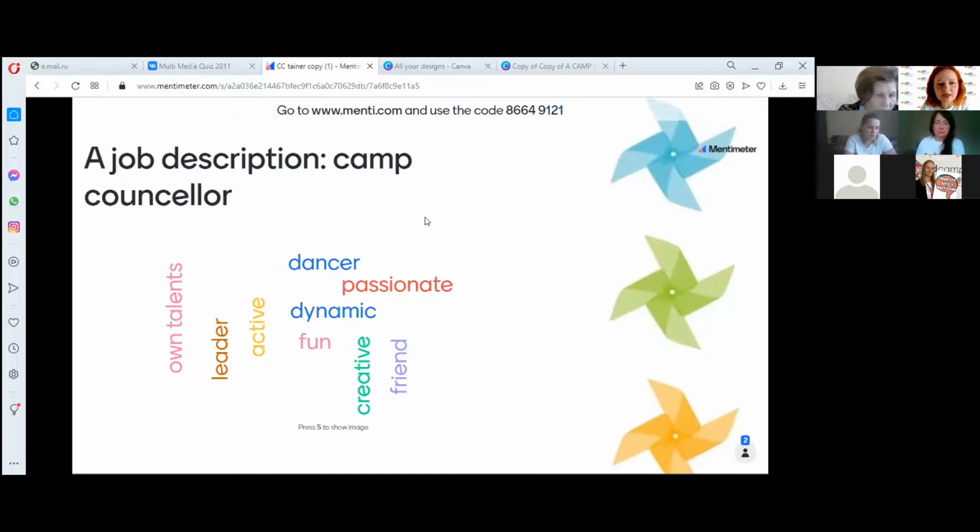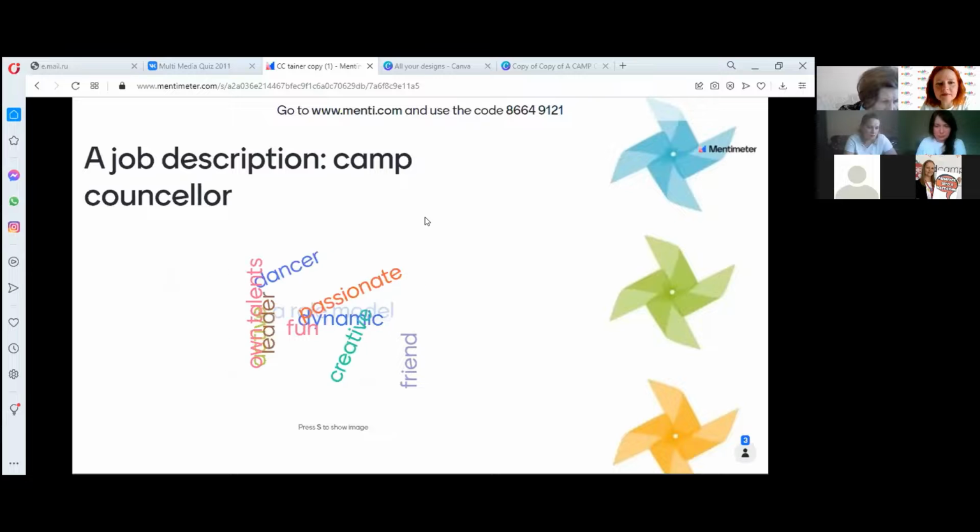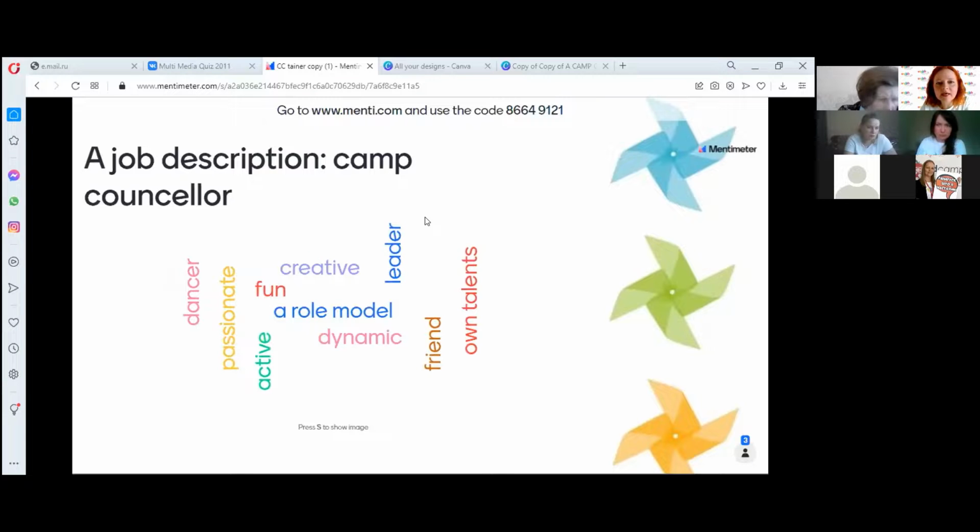Somebody is writing in the chat: open-minded, flexible. I guess not every participant found a way to join us on Menti. That's why people are writing in the chat box, which is fine. But anyway, we have something to share then: a role model.